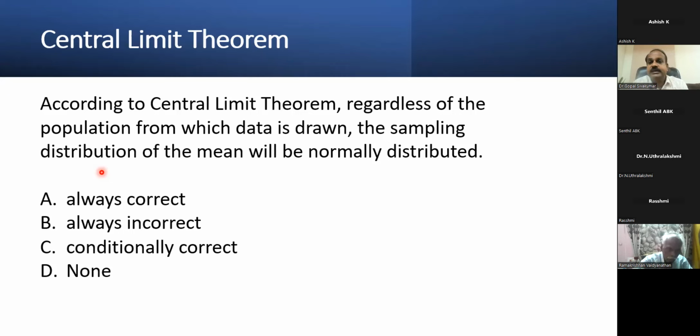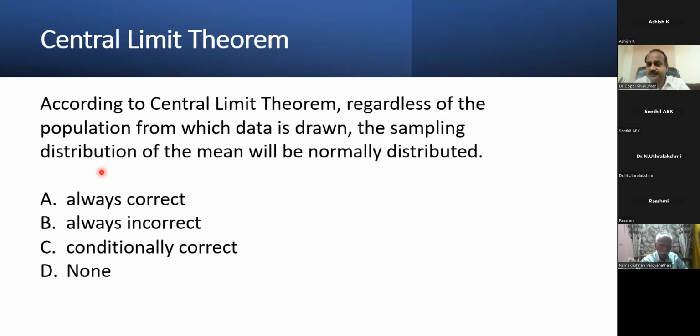Now this standard deviation is known as standard error of mean. So the sampling distribution has characteristics. Its central value is the grand average, which is X double bar.